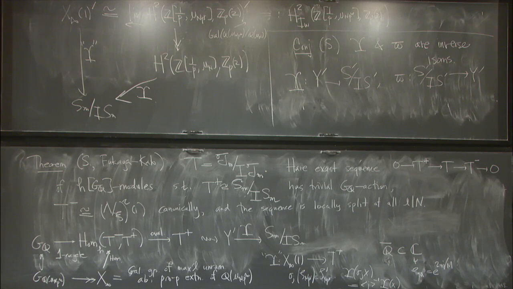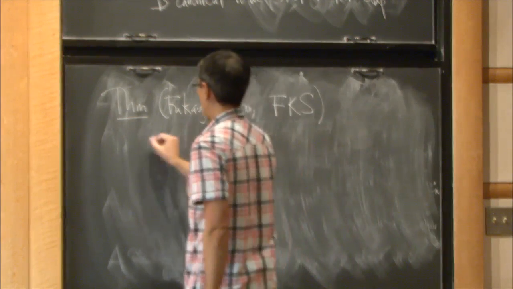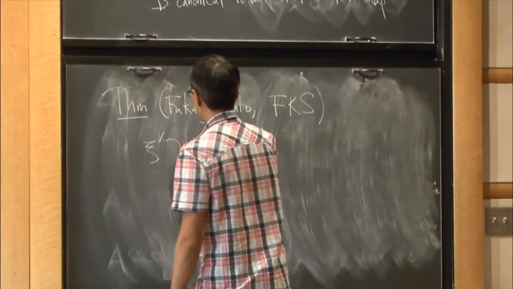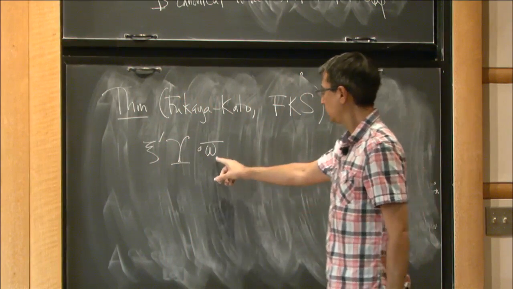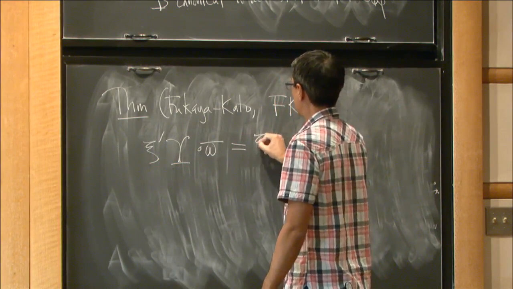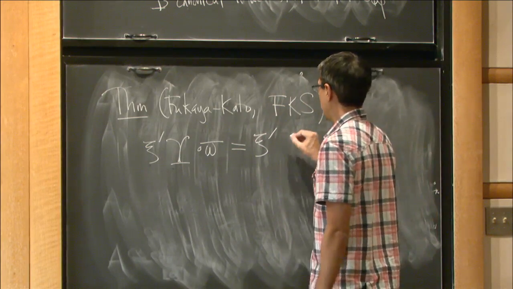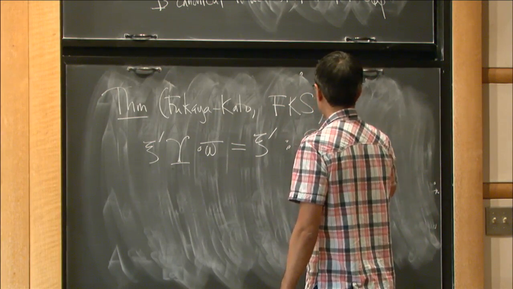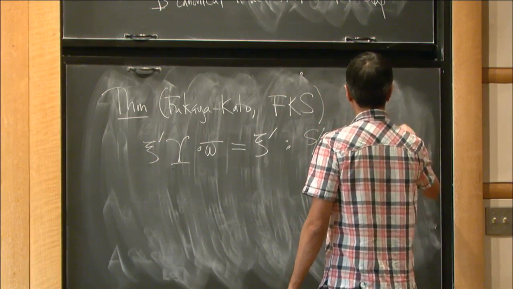There's a little contribution here from us, but this is really due to Fukai and Kato in some very slightly weaker form. If I take var pi and then epsilon and I multiply by some derivative of this xi, I get xi prime. So this is a map from S mod IS to S mod IS.